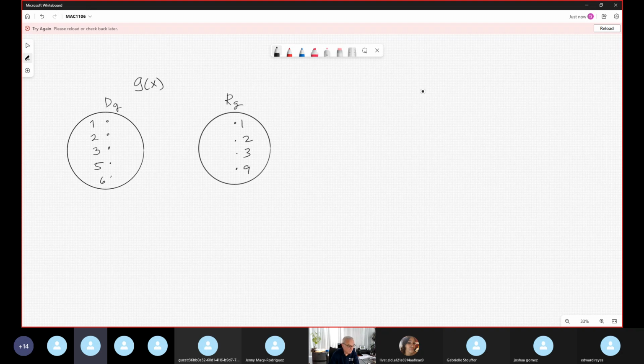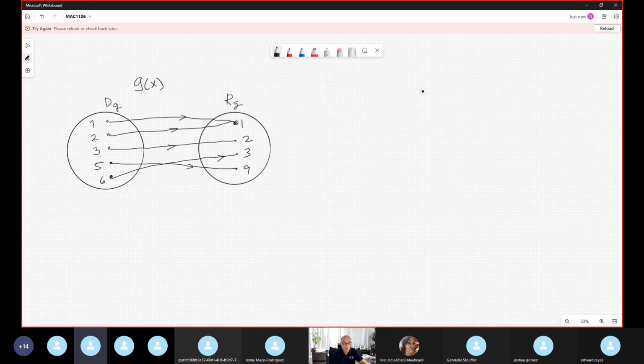In this order, guys: 1 goes to 1, 2 goes to 1, no problem, because many-to-1 is okay. Remember, the important thing to be a function is that each input has only one output. 3 goes to 2, 5 goes to 9, and 6 goes to 3. Wow.